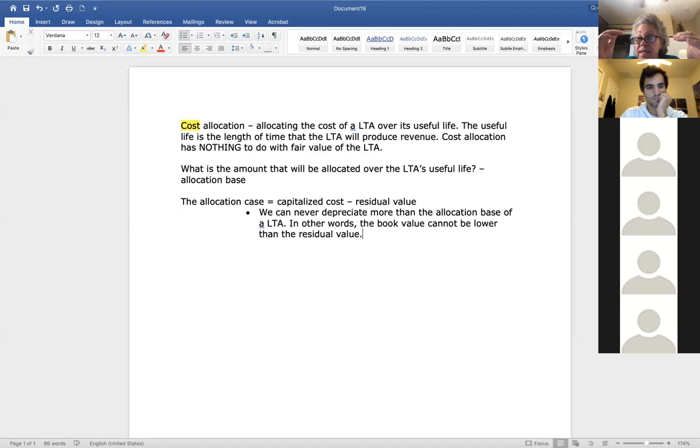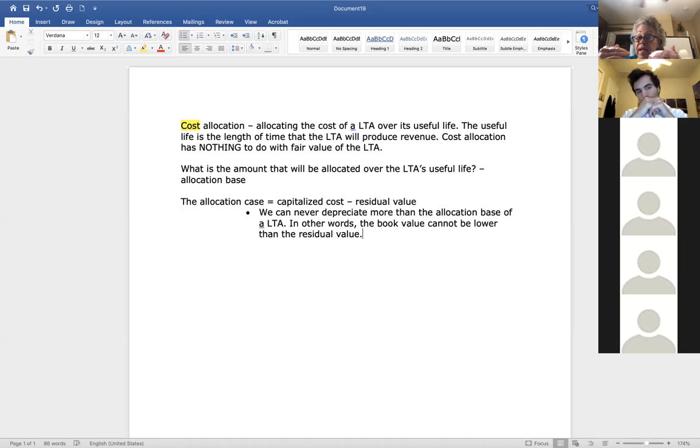We're going to see in units of activity that if I estimated that I have a truck and say that I estimated that the truck would last 100,000 miles. Well, what if the truck lasted 110,000 miles?